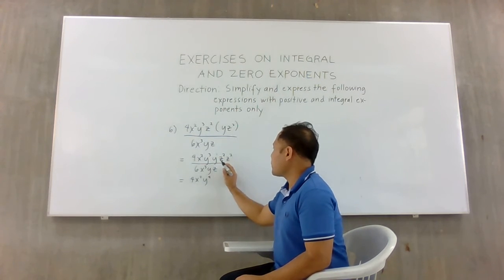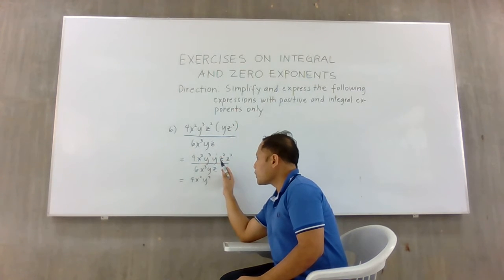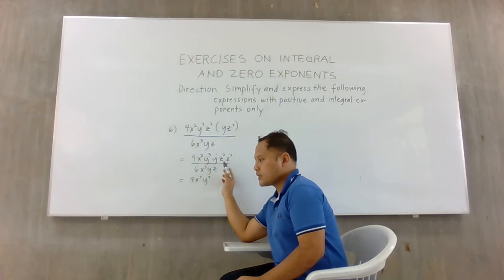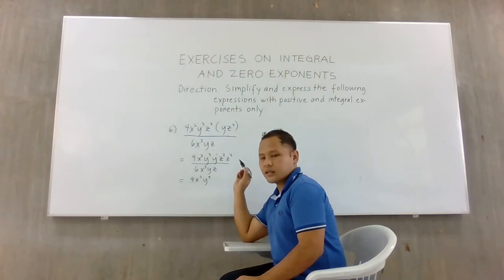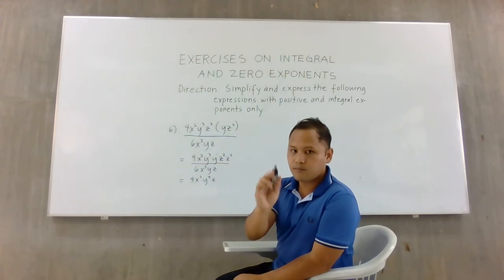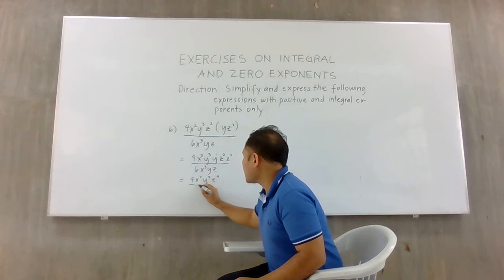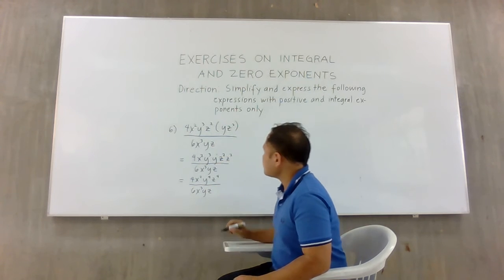And again we are multiplying 2 factors with the same base but with different exponents. So we can have z and add exponents, 2 plus 2, that is 4. Alright. Copy the same denominator.